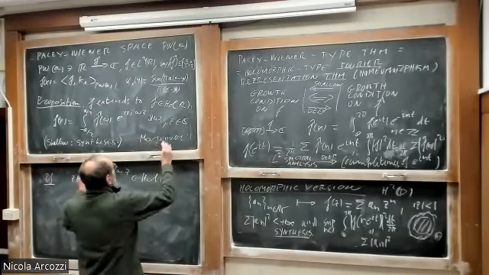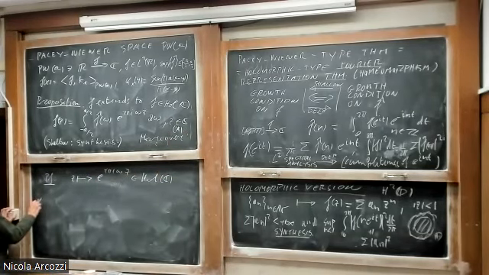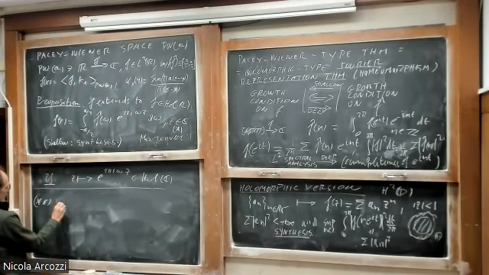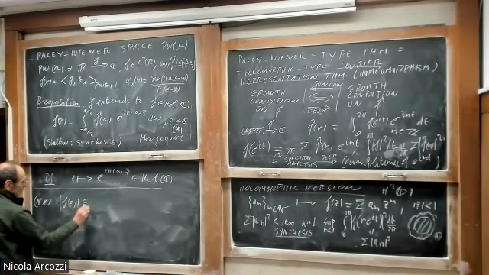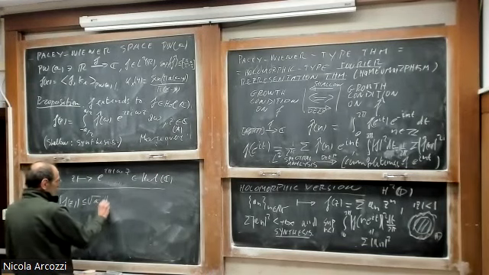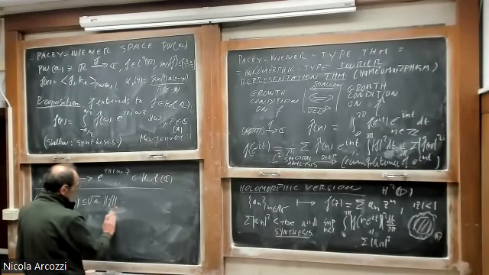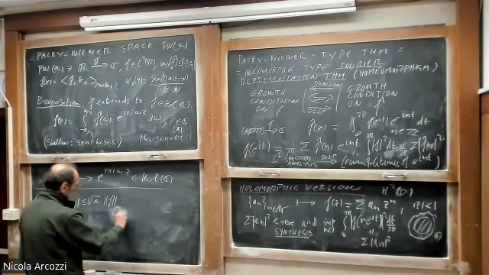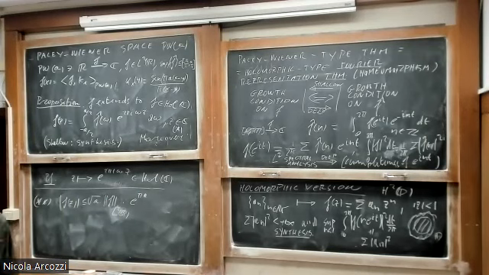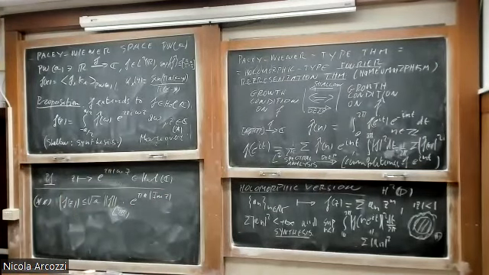Moreover, we have the estimate modulus of f of z is less than or equal to square root of a times the norm of f in L2 times e to the power pi a modulus of imaginary part of z.